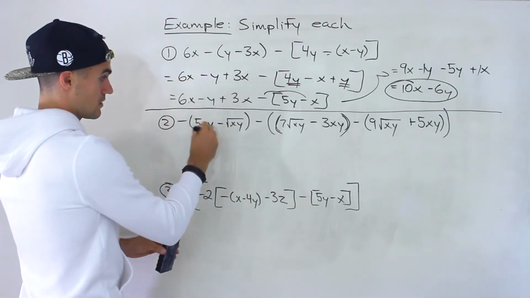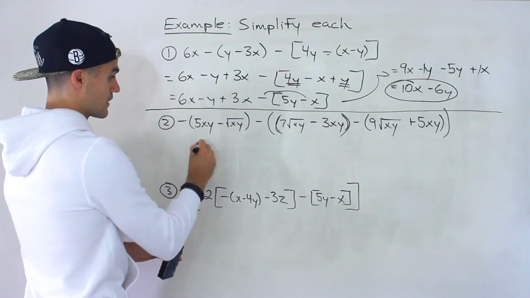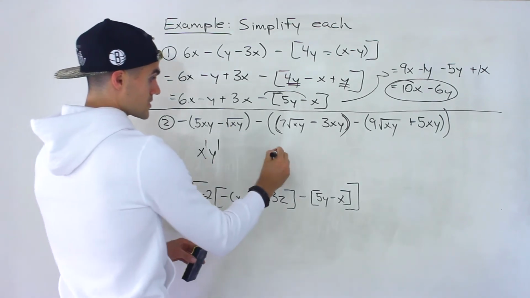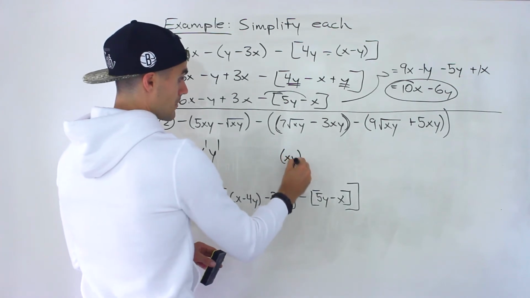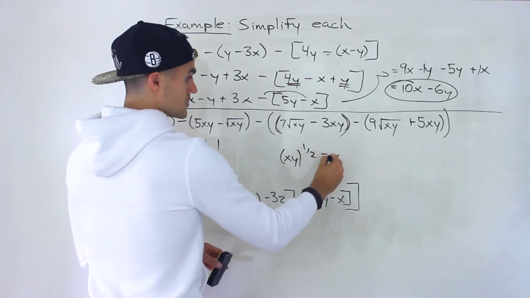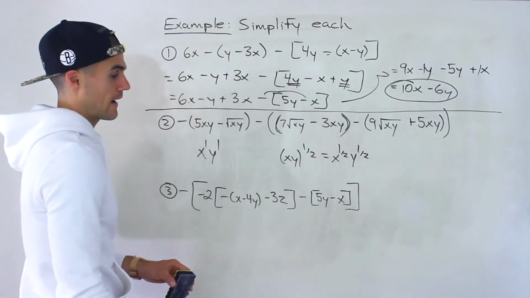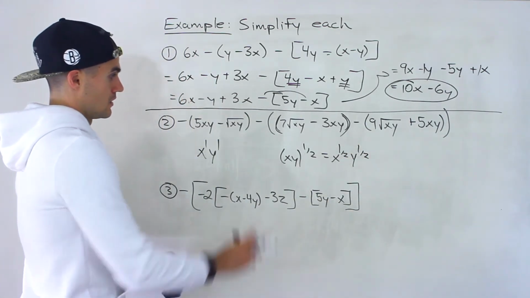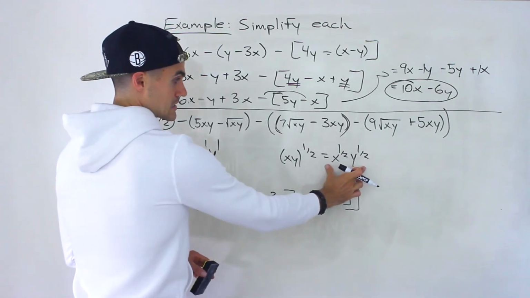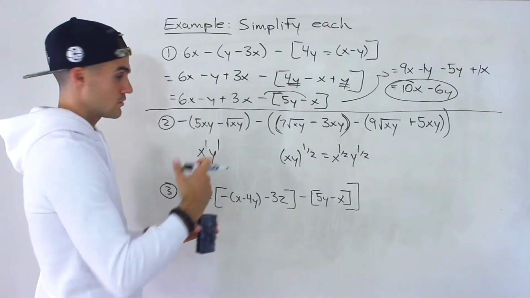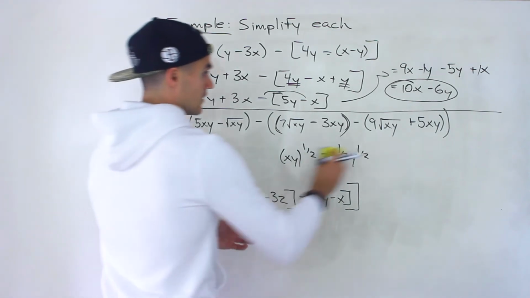So here, these variables have exponents 1 and 1, while these ones, the square root, that's like xy to the power of a half, which is like x to the half, y to the half. Right? Bringing back exponent rules. So this is the same as this. And then notice that these exponents are different than those ones. Hence why those are not like terms.